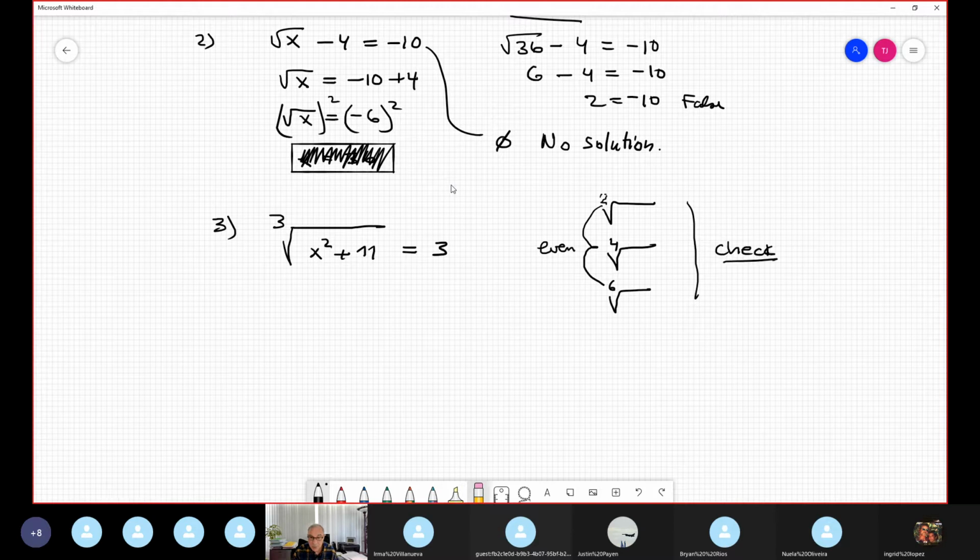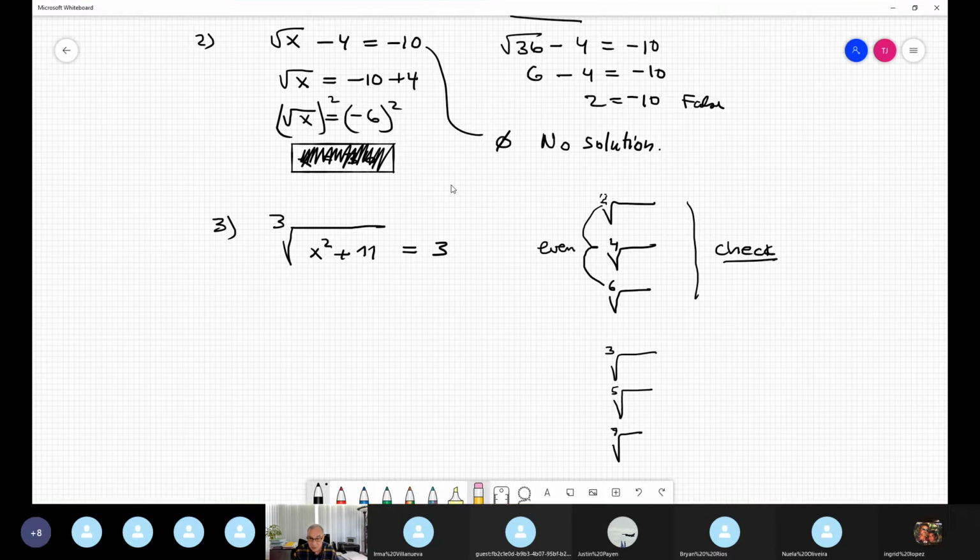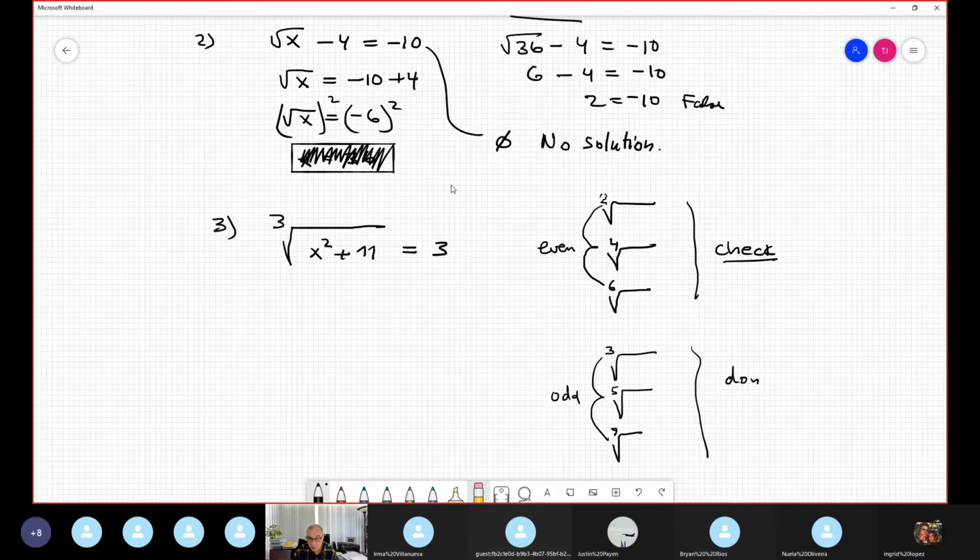But when you have a radical equation that contains a cubic root, fifth root, seventh root, and so on, and the index is an odd number, you don't need to check it, because the domain of this allows all real numbers.